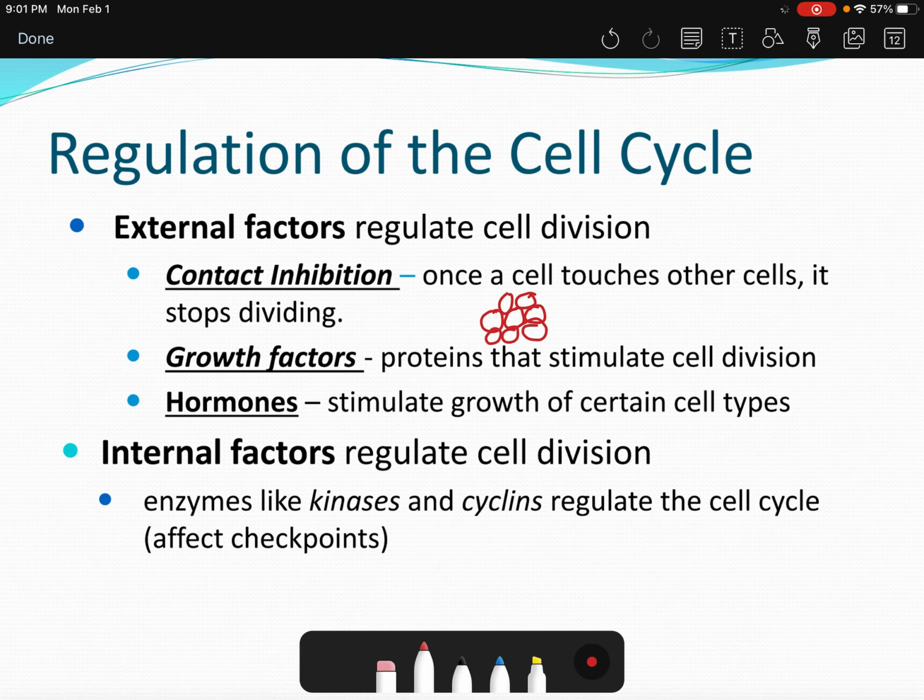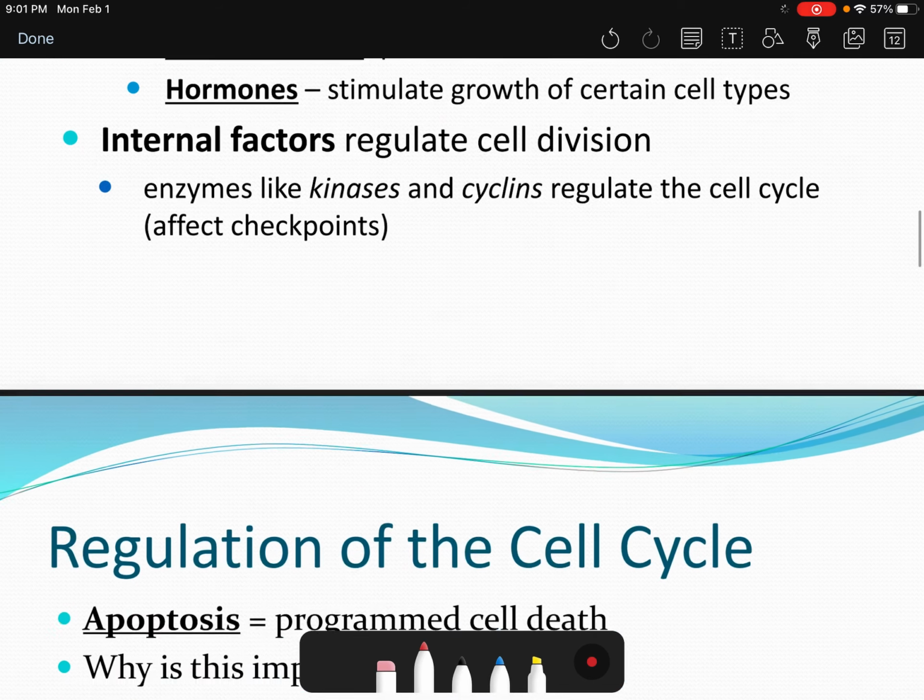That's going to help stimulate the growth of certain cells. Internal factors also regulate cell division. So we have enzymes called kinases and cyclins that help regulate the cell cycle. And these play a role at some of the different checkpoints as we work our way around the cell cycle.